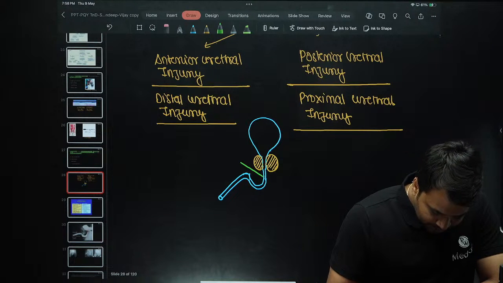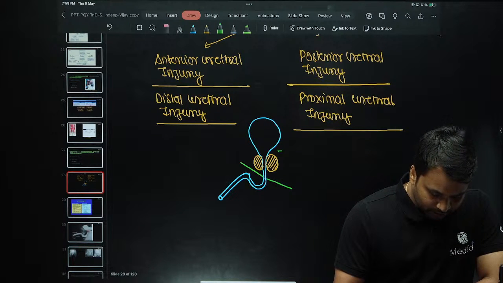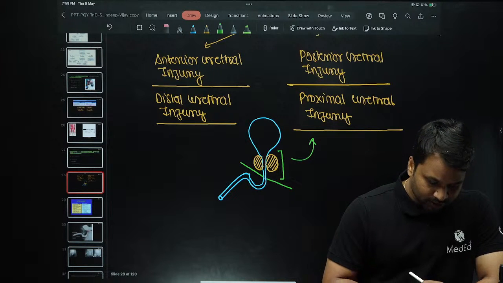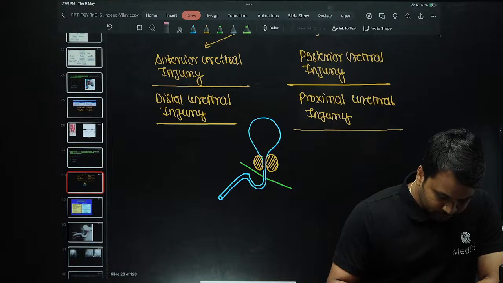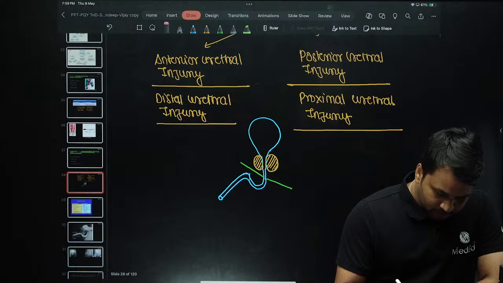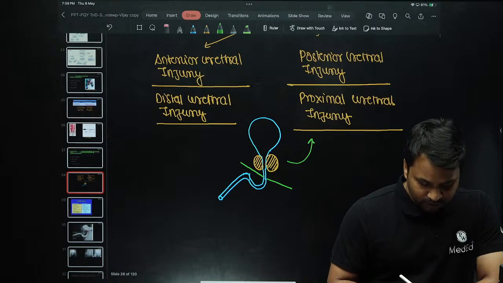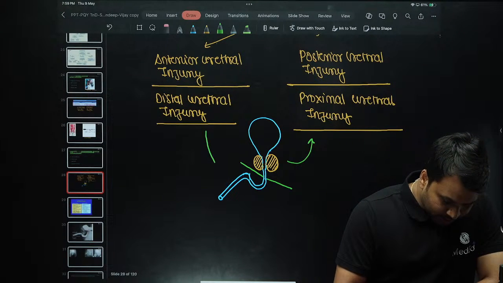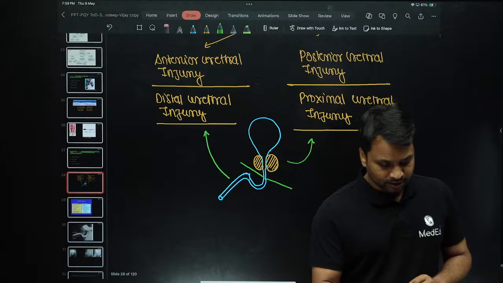This is the demarcating line dividing the prostatic urethra and the bulbar urethra. This is the proximal urethra and the posterior urethral injury, whereas the bulbar urethral injury as well as the penile urethral injury is the anterior urethral injury. As simple as that.